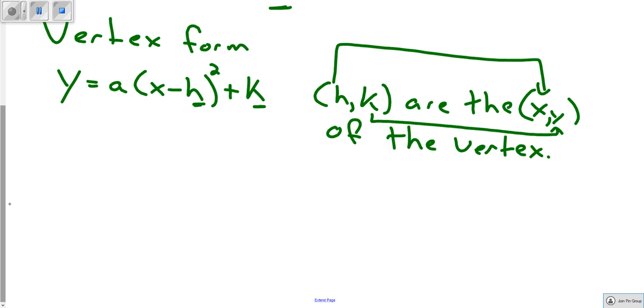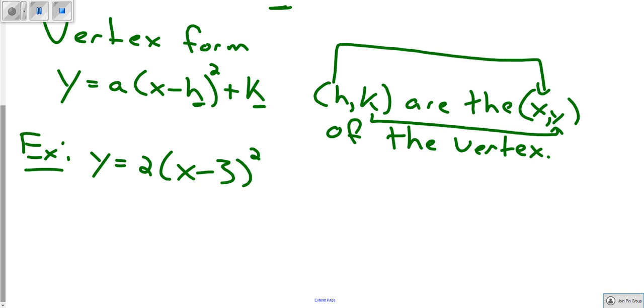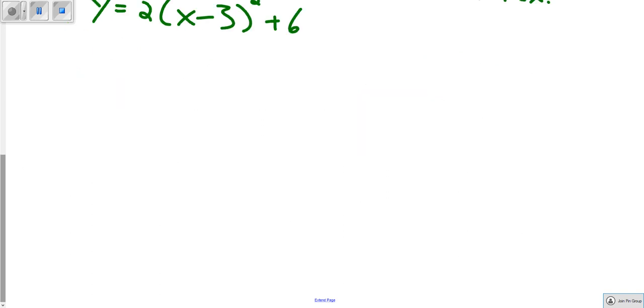So, for example, y equals 2 bracket x minus 3 squared plus 6. Now, my vertex, the coordinates are going to be my h value.